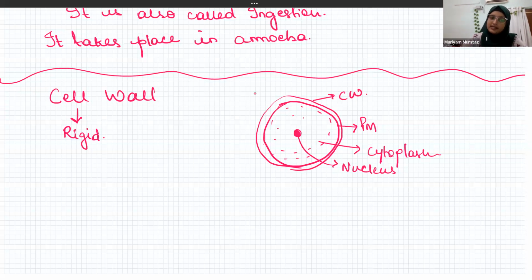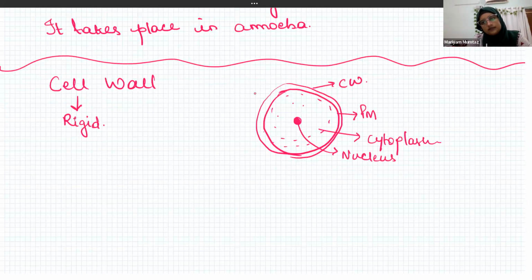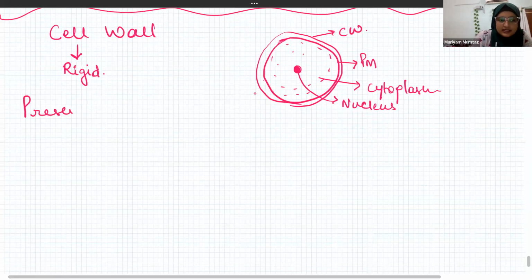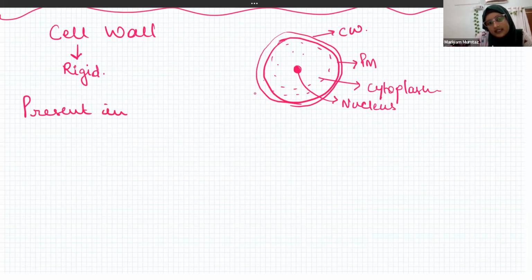Now, this wall is present in plants. And is it present in animals? No. So it is present in plants and it is absent in animals. Yes, very good.